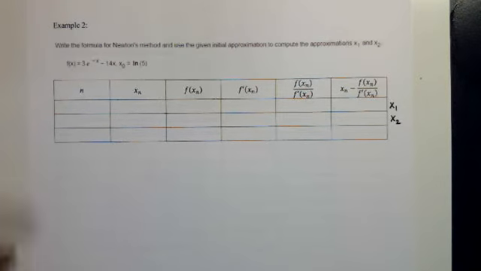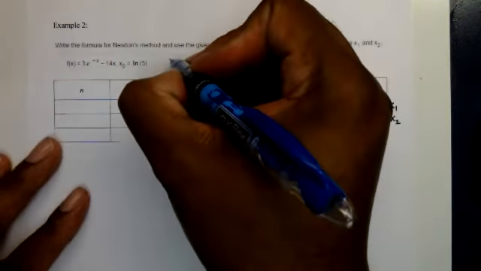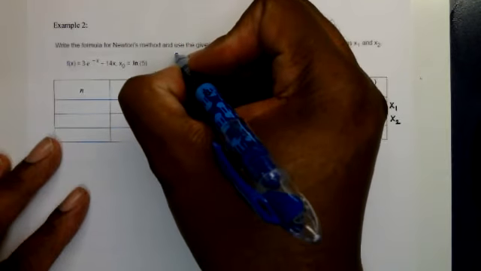All right, let's first find our formula for Newton's method. In this case, I need to write this in the form of f of x sub n.